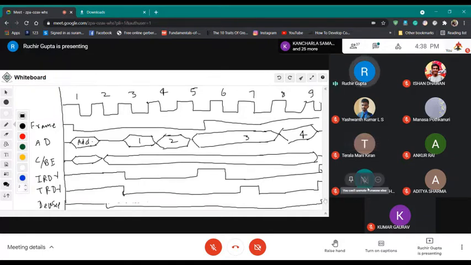So can you point out the difference between this diagram and last diagram?